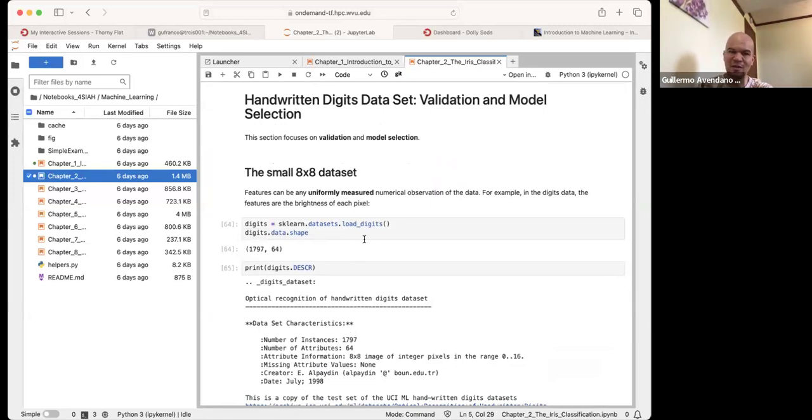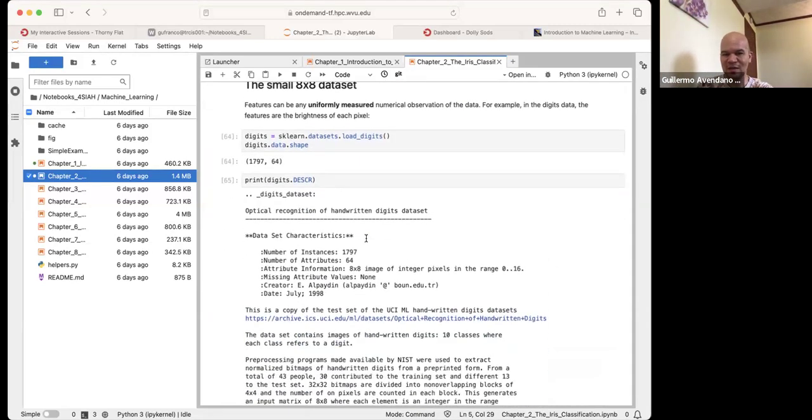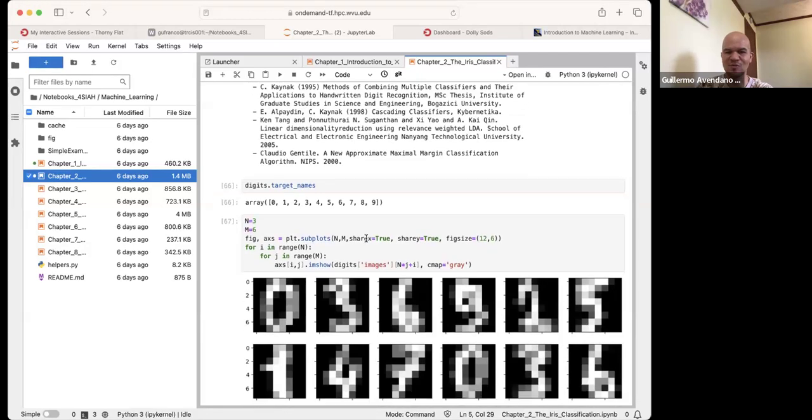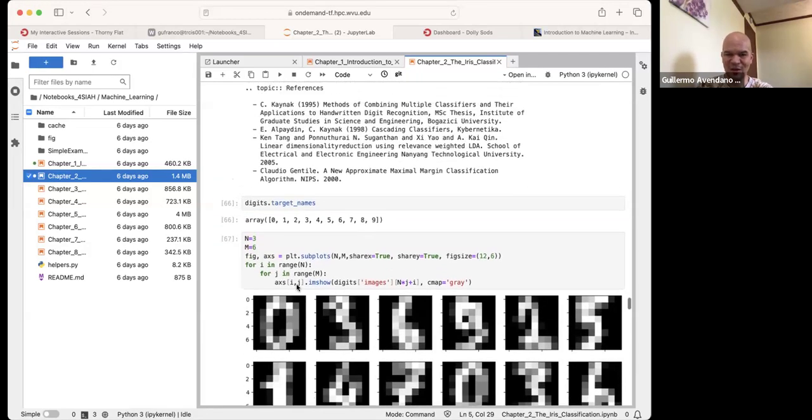In this case, what I'm doing is showing some other possibilities, with handwritten digits, a very crude representation of those. This is an old data set where the digits are condensed in 8 by 8 bits. I think it's 8 by 8 bits. So this predates another data set that is 28 by 28 and is widely used for deep learning.